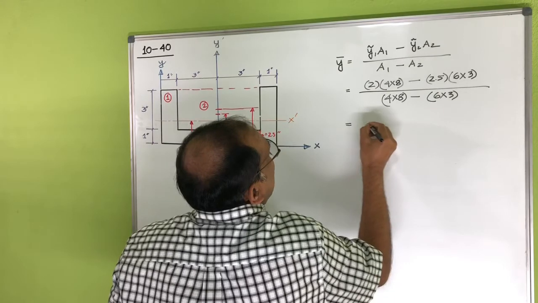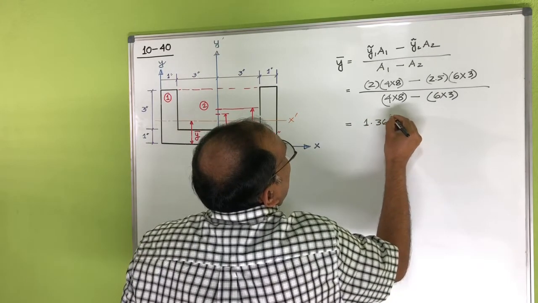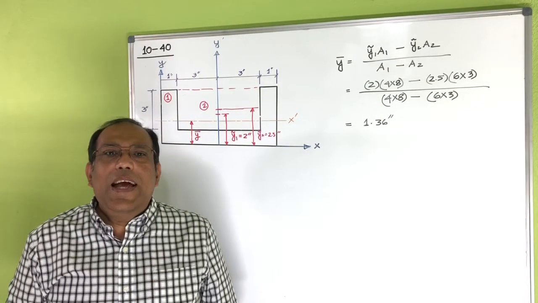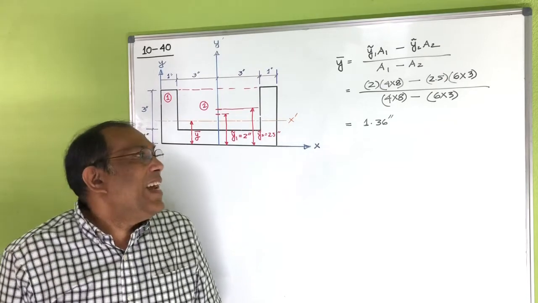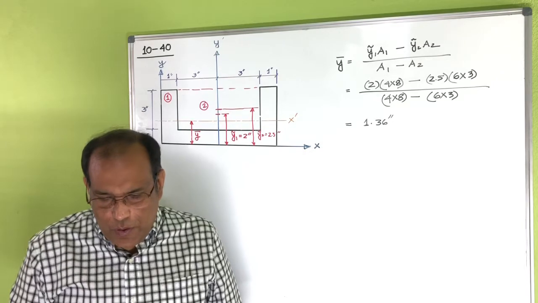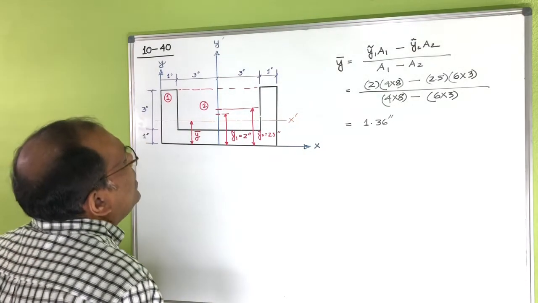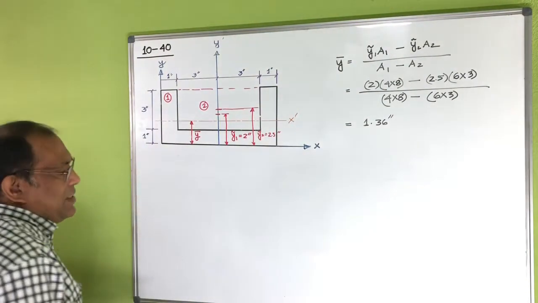So that's basically 1.36 inch. Okay, so the centroidal x-axis for this composite is at a distance 1.36 inch, right? Now let's find the moment of inertia along this axis.